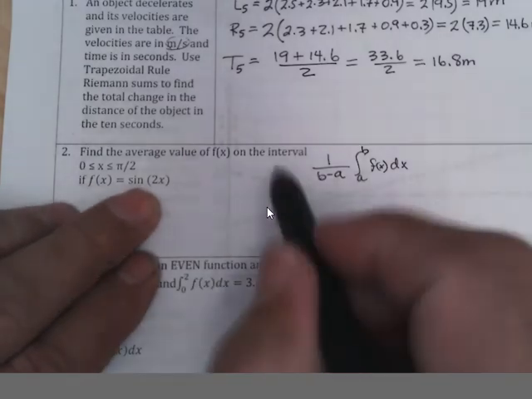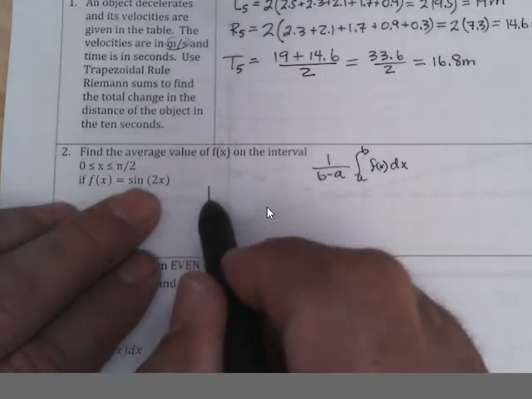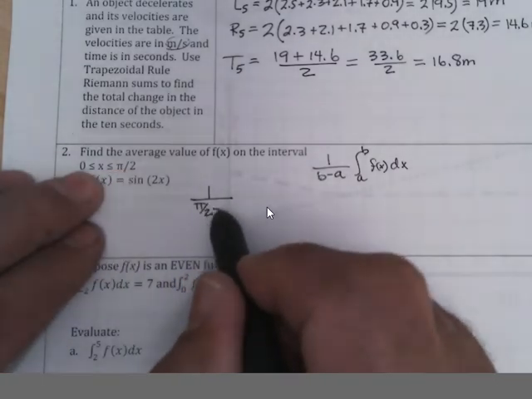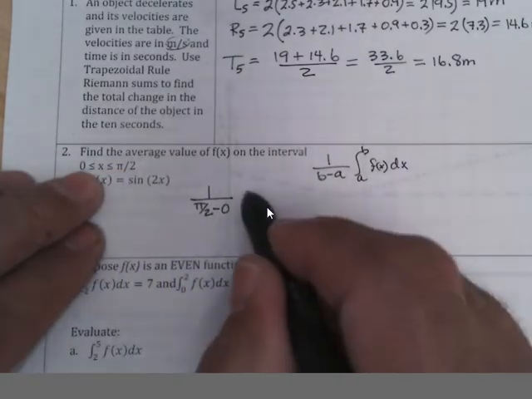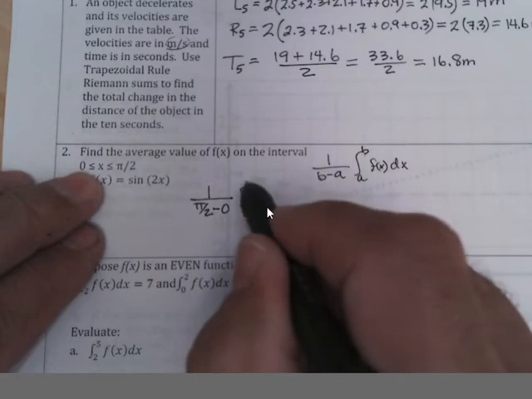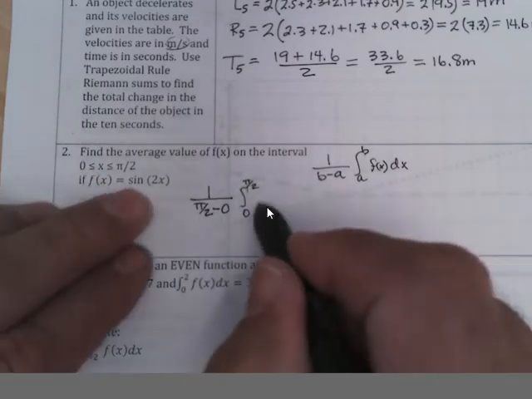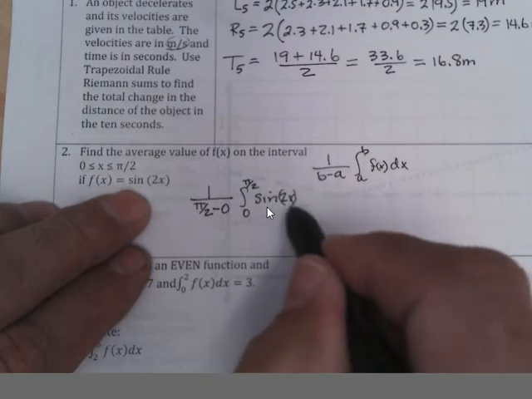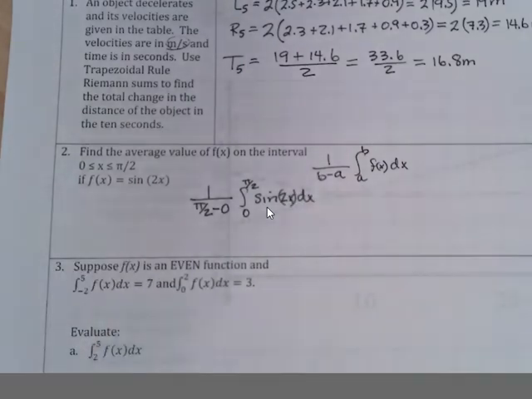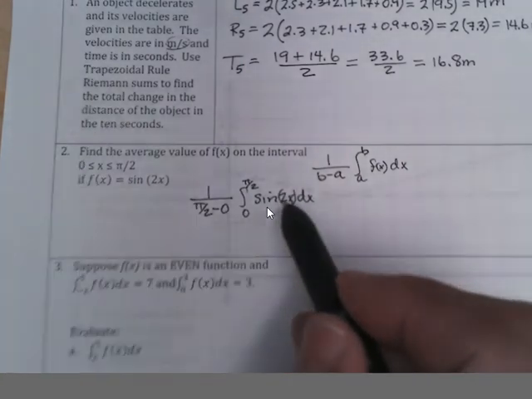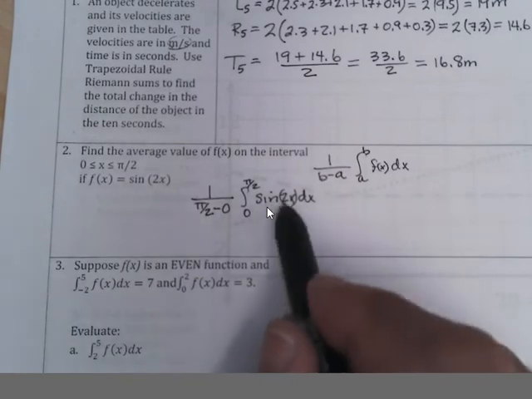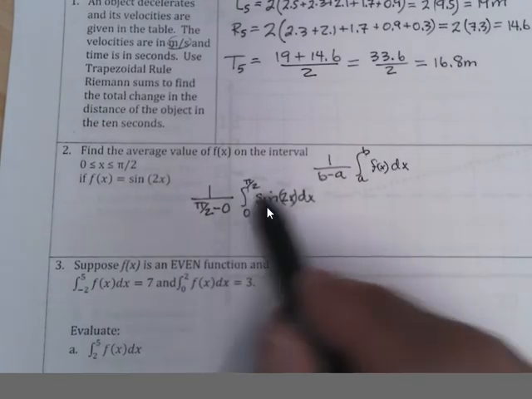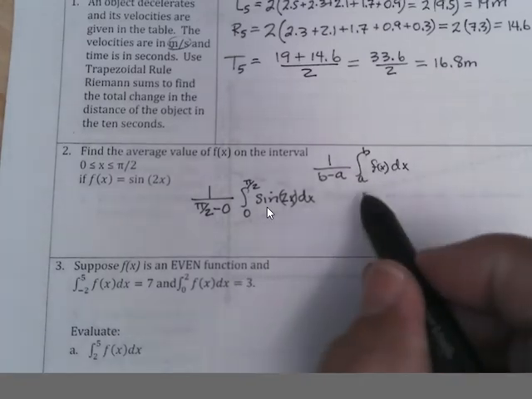So it's going to be 1 over pi over 2 minus 0, integral from 0 to pi over 2 of the sine of 2x dx. And if you make the u sub and figure that out, or you just can think that taking the derivative would produce a 2, taking the antiderivative we have to divide by 2.